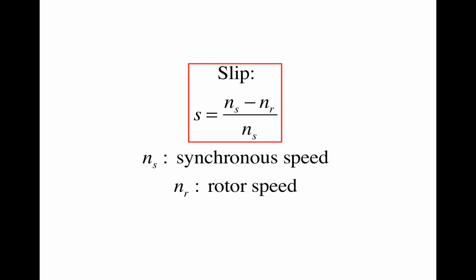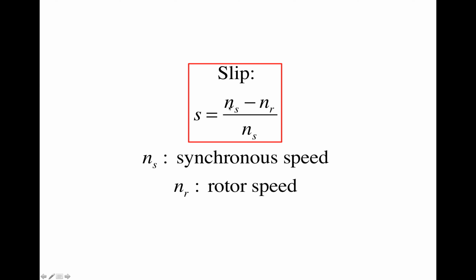And at this point, we can introduce another highly important equation for induction machines, which is the definition of the so-called slip. The slip, S, is the difference between the synchronous speed and the rotor speed divided by the synchronous speed. Under no load condition, the rotor speed is almost identical to the synchronous speed.